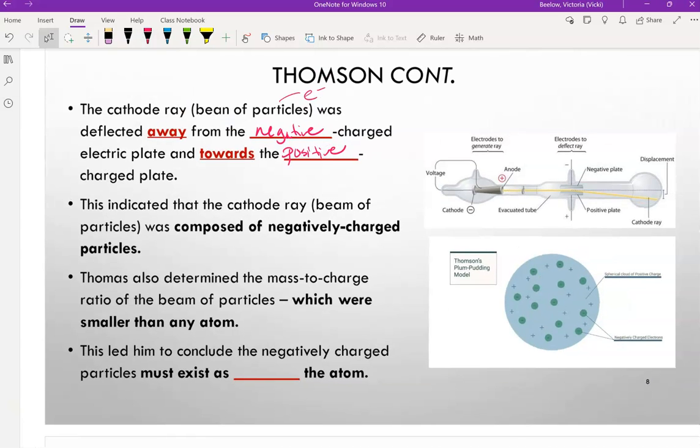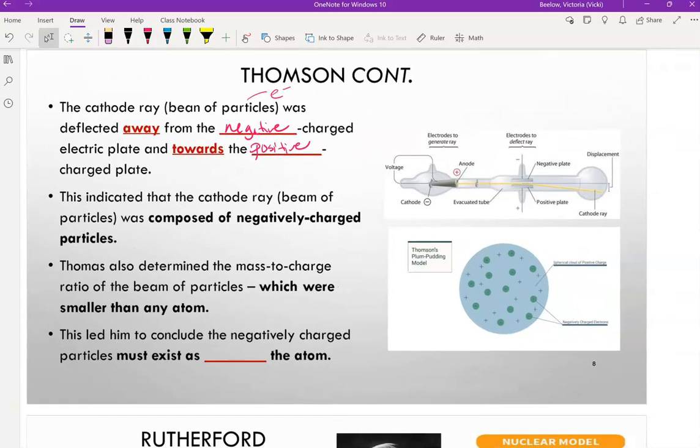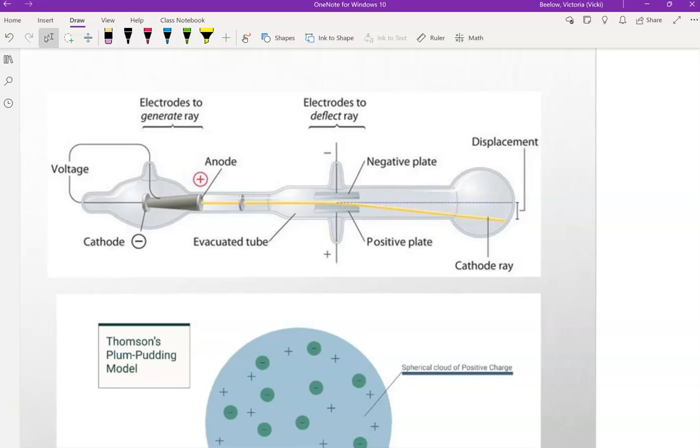So if something has a positive, negative, opposites attract and like charges repel. So this cathode ray, made up of electrons that are flowing, would bend towards the positive plate.